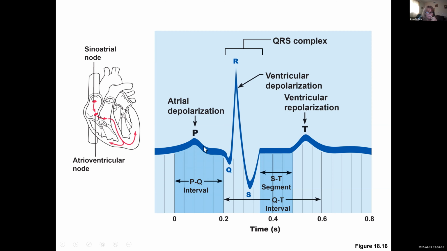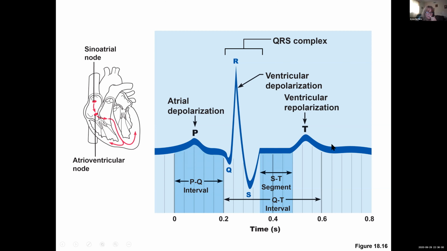Now, the first wave over here is the P wave, right? And this represents atrial depolarization. That means we initiate the impulse over here, but it's moving through all the cells of the atria. So all of the cells of the atria became what? Positive inside, depolarized. So that's a P wave. Now, QRS complex is ventricular depolarization.